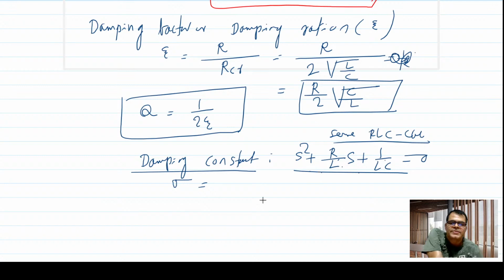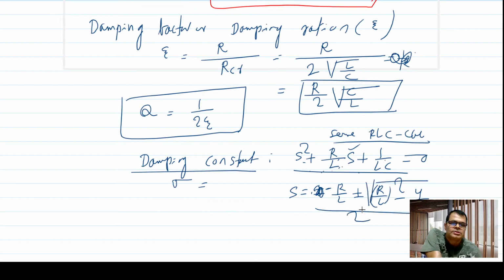So what is the real part of this? The real part of the root of the characteristic equation, when you expand it, s equal to minus R by L plus minus root over R by L square minus 4 by LC, upon 2.